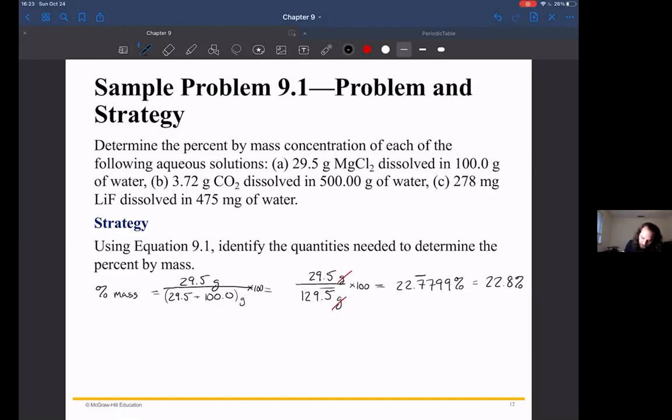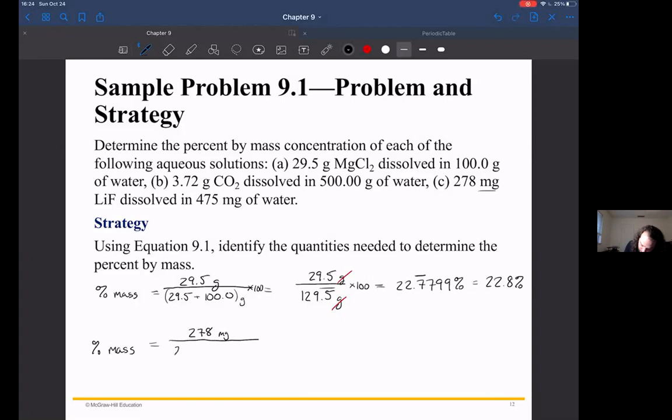I do want to do part C just as another example. So percent mass. Notice that here the masses are given in milligrams. That's fine. As long as the masses match, it doesn't matter what their units are. If one was grams and one was milligrams, then I'd have to do a unit conversion. But since both of these are milligrams, I don't have to worry about it. So 278 milligrams, that's the mass of the solute dissolved in 475 milligrams of water.